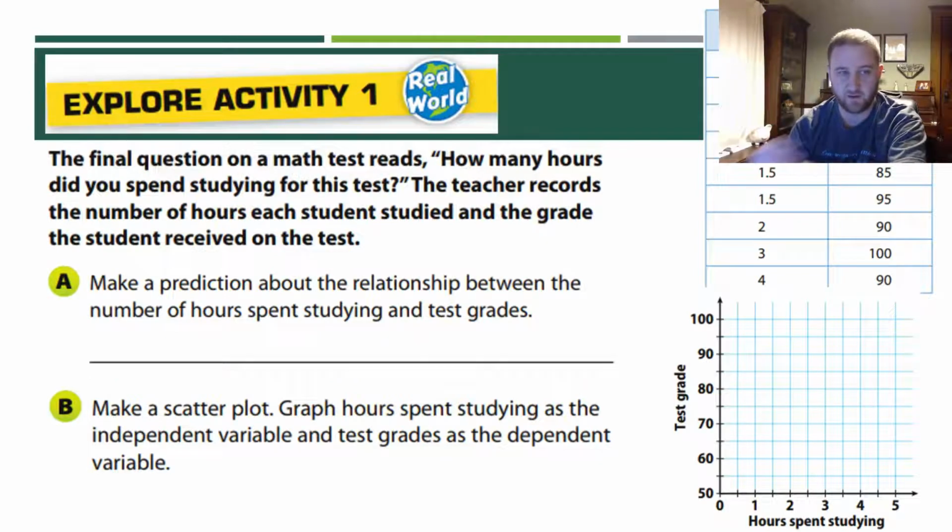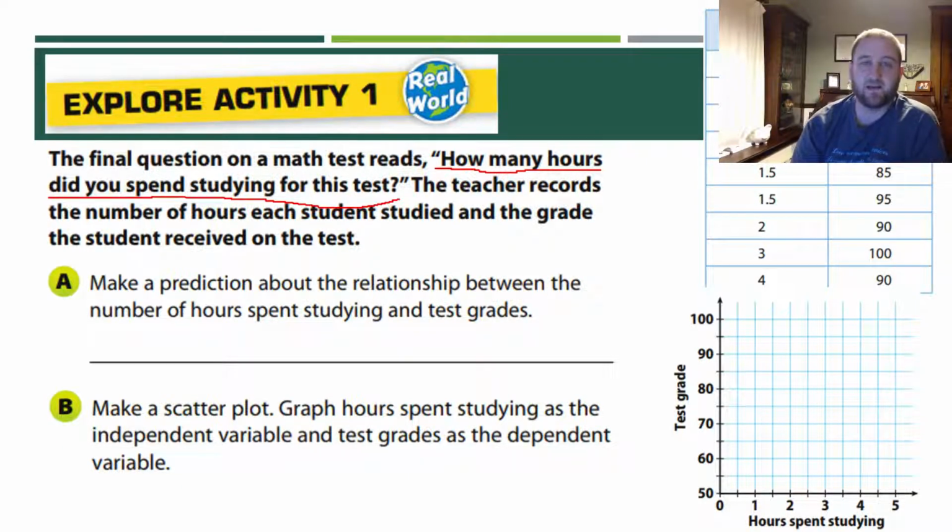All right, let's look at our first explore activity here. The final question on the math test reads, how many hours did you spend studying for this test? This would be a good question to ask for you guys since we just took a test, right? The teacher records the number of hours each student studied and the grade that the student received on the test.